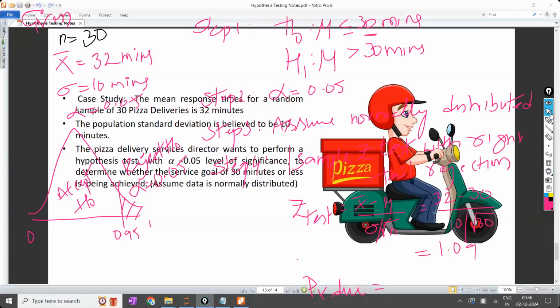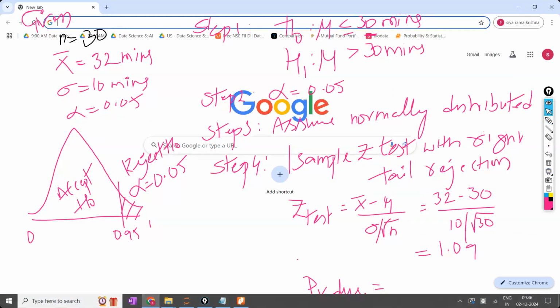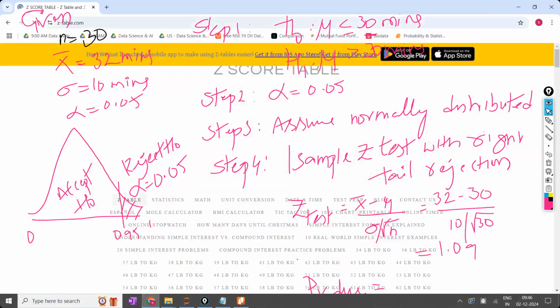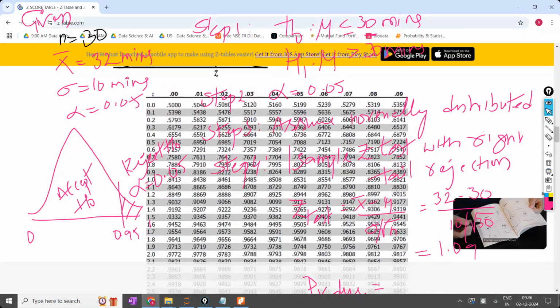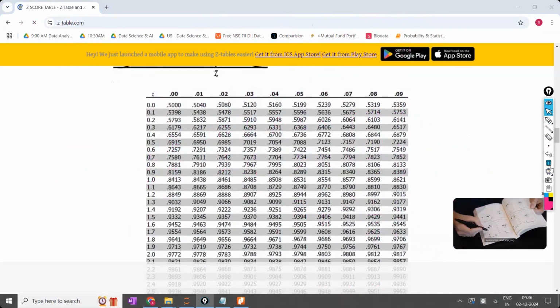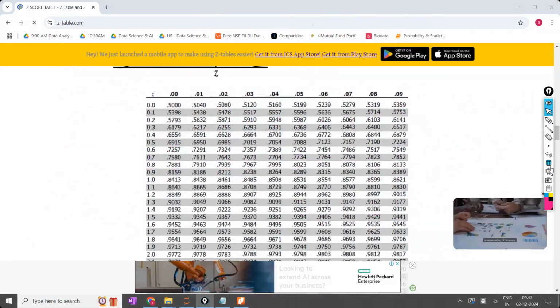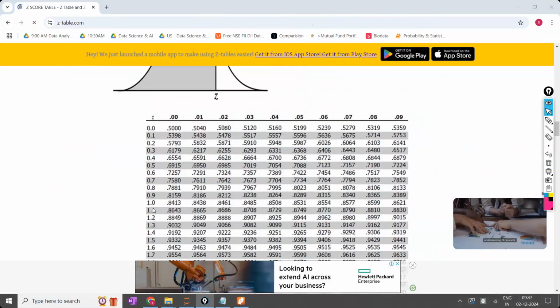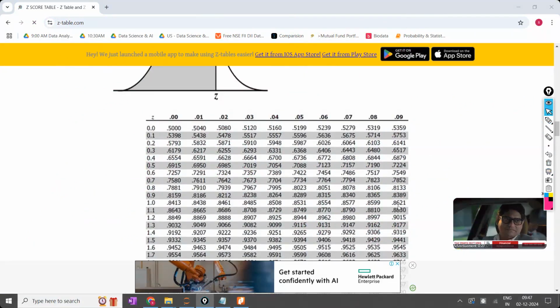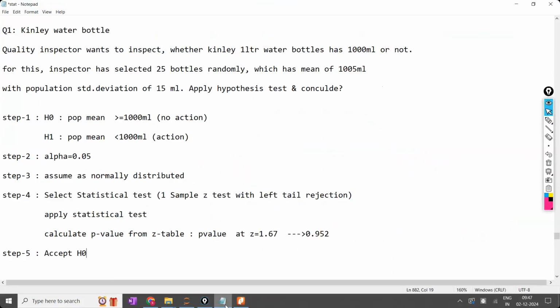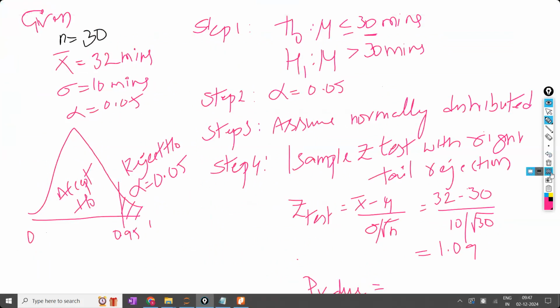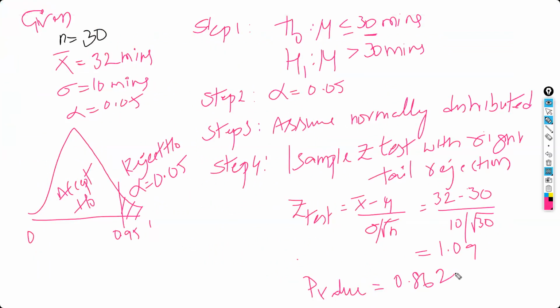See, 1.0 is this one, 0.9 is this one, that is 0.8621. The p value is 0.8621. Step 4 is completed.